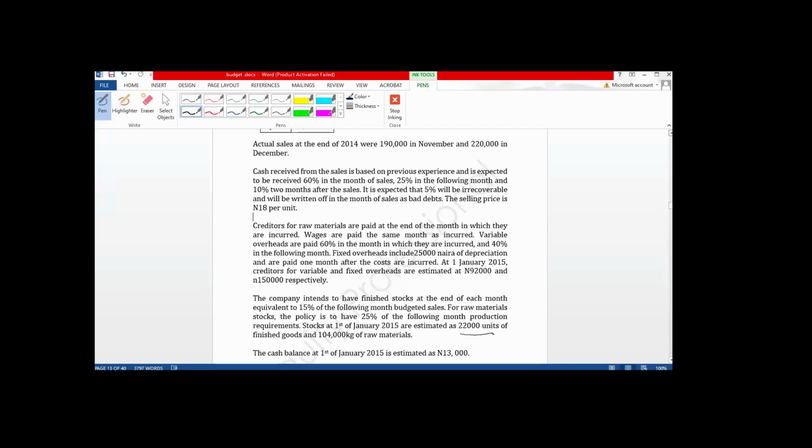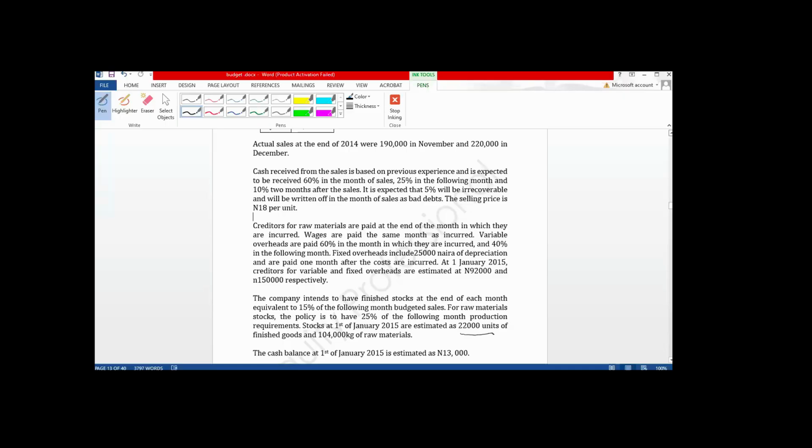Look at the policy now. If you make sales, you are going to collect 60% the same month of sales, 25% in the following month, 10% 2 months after sales.